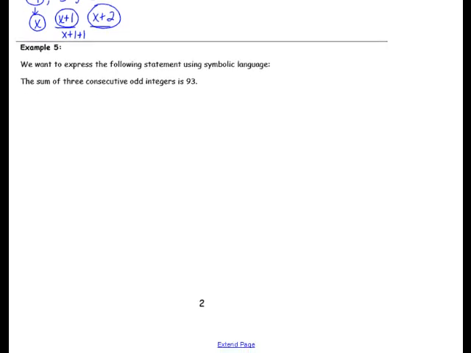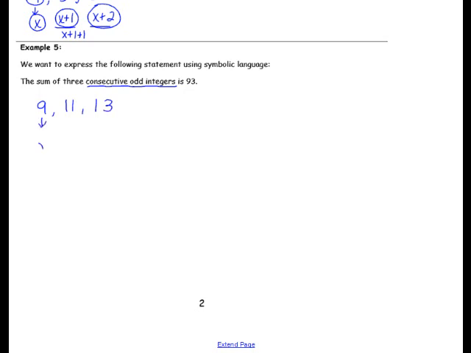Example 5. We want to express the following statement using symbolic language. The sum of 3 consecutive odd integers is 93. Let's review what consecutive odd integers are. Let's say, for example, that the odd integers were 9, 11, and 13.